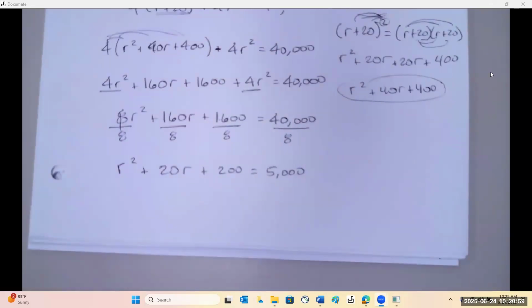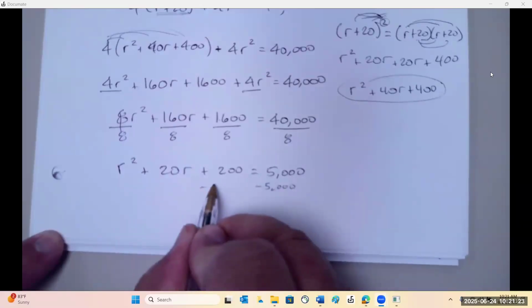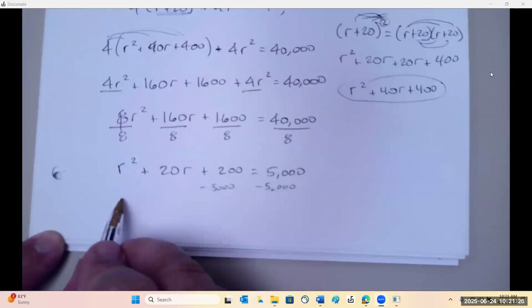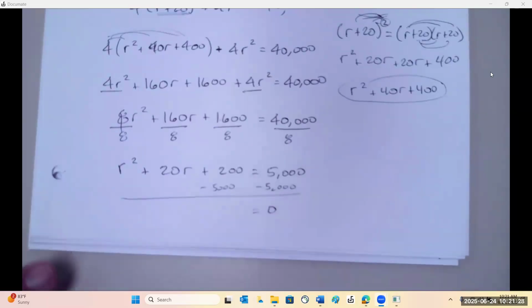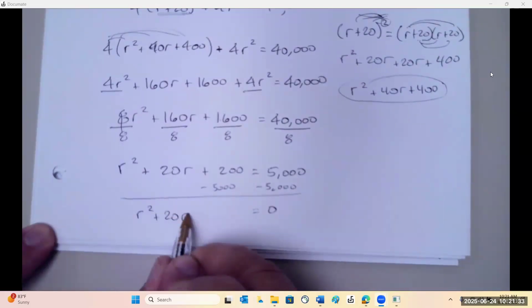What do we have to do next for our equation? It has to be set equal to 0. So we subtract 5,000 from both sides, because it has to be equal to 0. So we have R squared plus 20R.